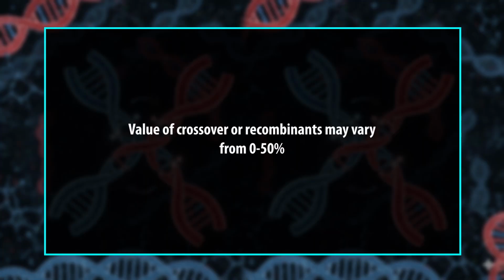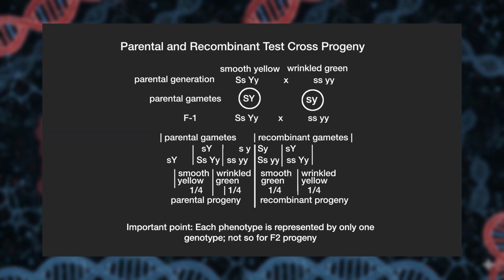Crossing over generally leads to exchange of equal segments or genes, and recombination is always reciprocal. However, unequal crossing over has also been reported. The value of crossover or recombinance may vary from 0 to 50%. The frequency of recombinance can be worked out from the test cross progeny. It is expressed as the percentage ratio of recombinants to the total population.